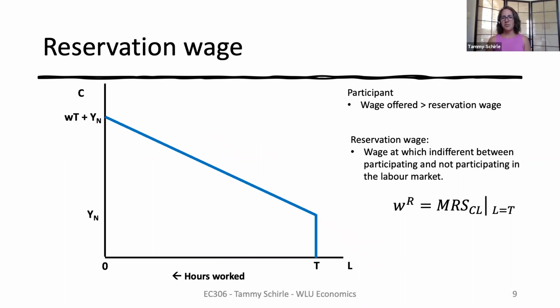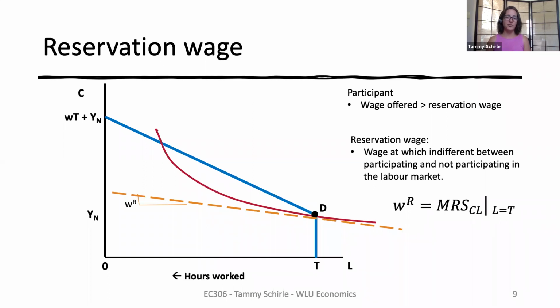Now keep in mind the reservation wage is defined exactly the same way for a participant. We still look for that point where the person is entirely indifferent between working for even a second or not at all. Here, that's marked in at point D, with the slope of the indifference curve at that point representing this person's reservation wage. Notice this individual places a much higher value on their consumption of goods and services than in our last example.